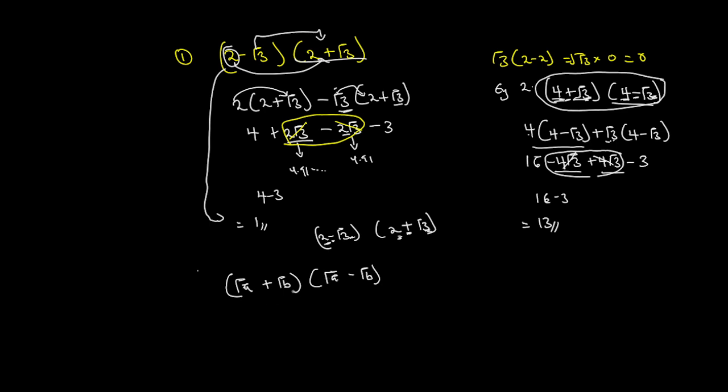Now let's expand this expression. We can bring the root of a out, and then multiply by the whole of this, root of a minus root of b. The same thing, we can bring the negative root of b out, and then multiply by root of a minus root of b. Now, what is square root of a times square root of a?